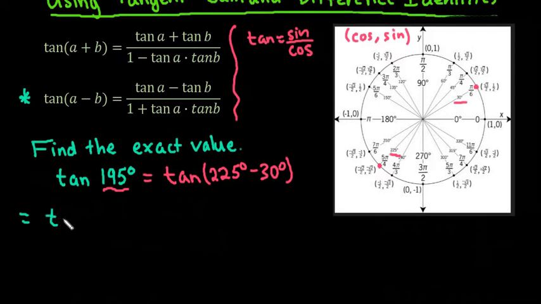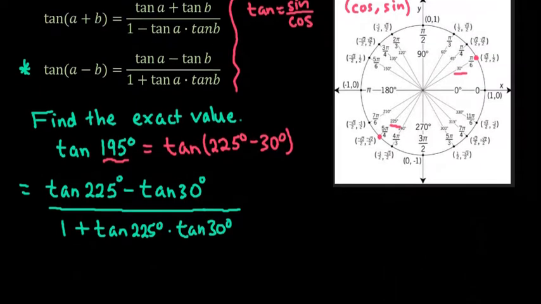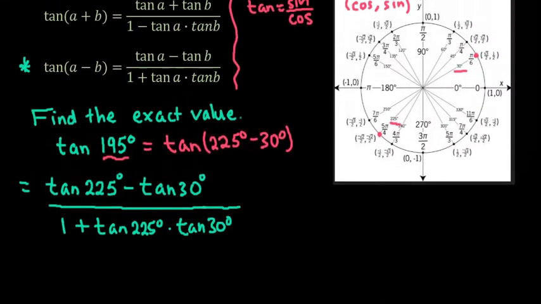We're going to start by writing tangent of 225, and then the subtraction is going to go in the numerator, tangent 30, and then we would write this all over 1 plus tangent of 225 times the tangent of 30. What you want to make sure is that they're always opposite signs on the numerator and the denominator, otherwise they would just cancel out. So be very careful with that.